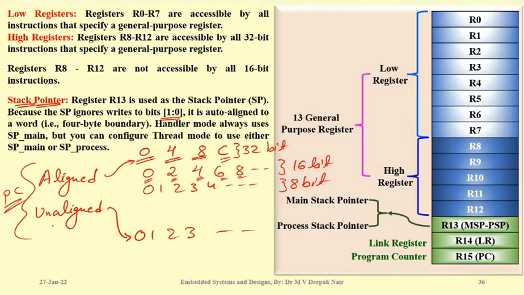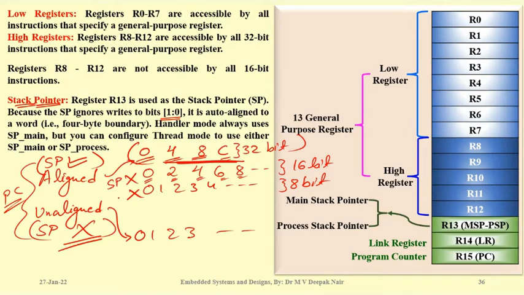So the stack pointer, SP, does not support unaligned memory access. It always supports aligned memory addresses. SP allows only aligned memory, and that too 32-bit aligned memory only. SP does not support half word or byte alignment.